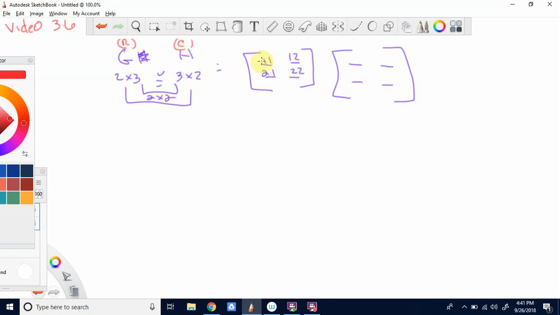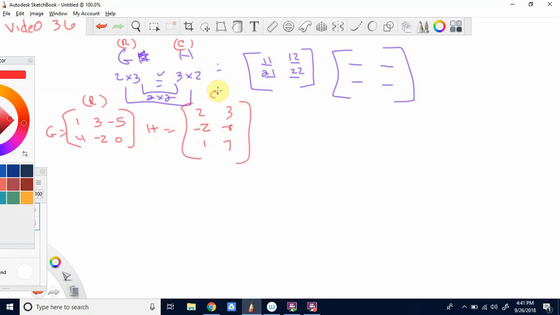So I guess I should write these out. You have 1, 3, negative 5, 4, negative 2, 0. This is G, and these are going to be the rows. And then H is equal to 2, negative 2, 1, 3, negative 8, 7, and these we're going to use as the columns.